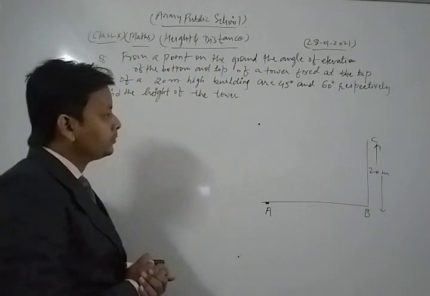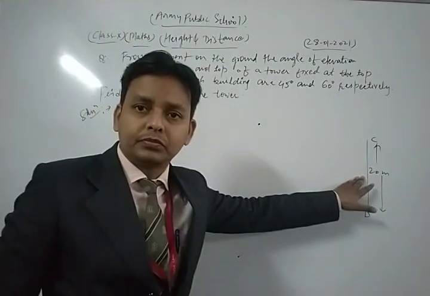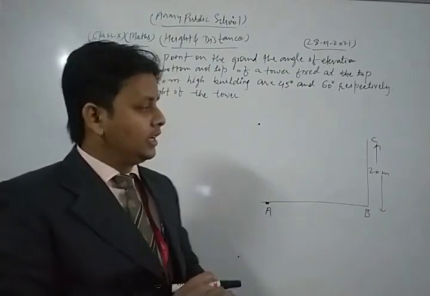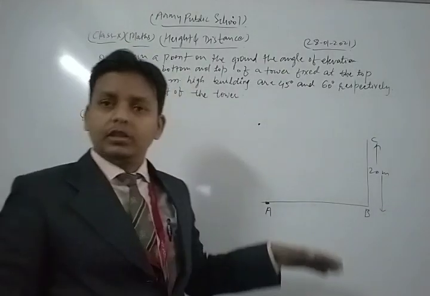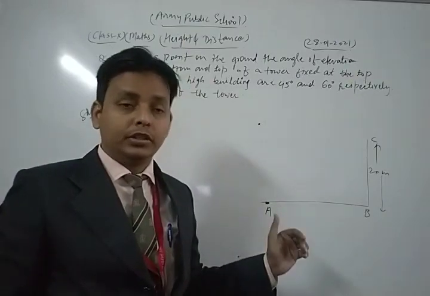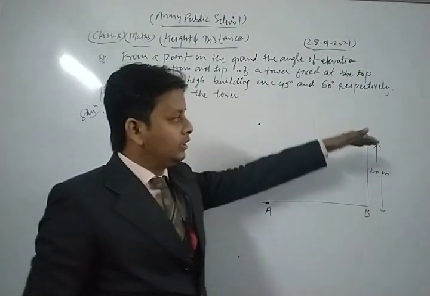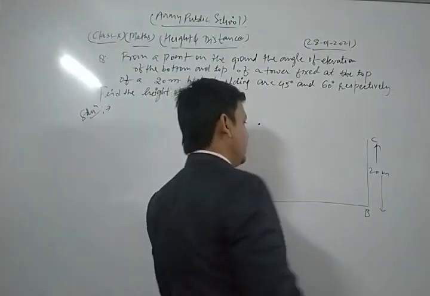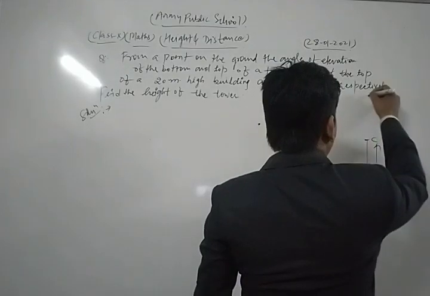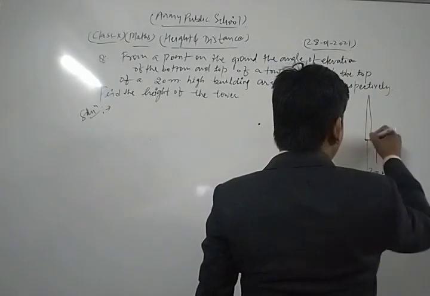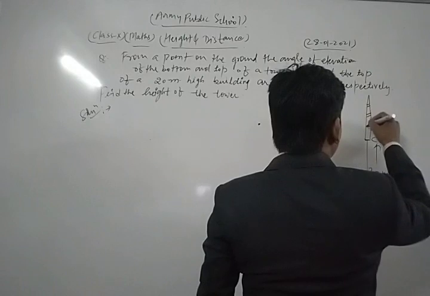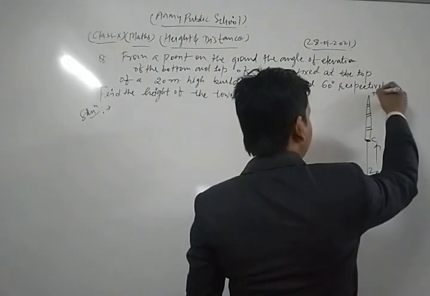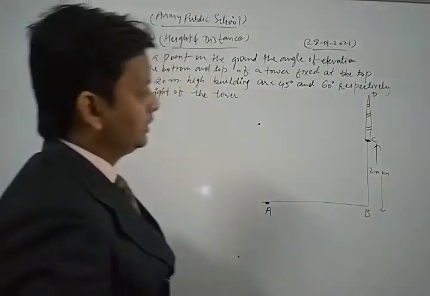According to the question, a tower is fixed at the top of this building. This is the tower, this is the bottom of the tower, and CD is the height of the tower.